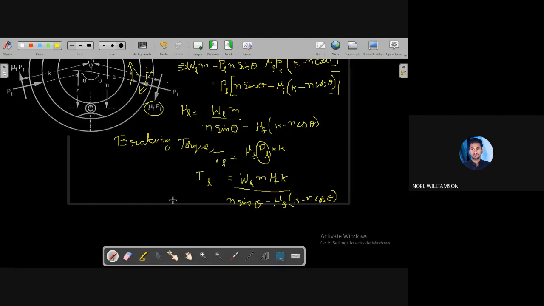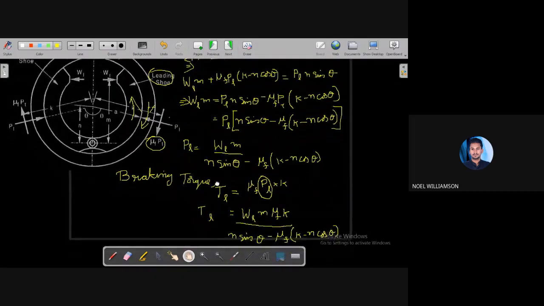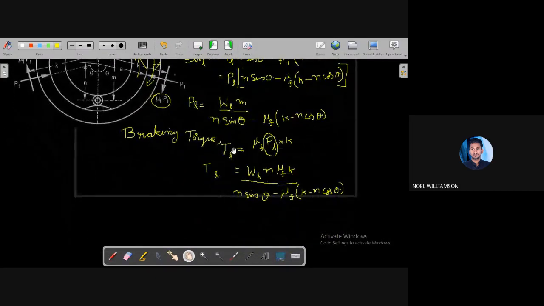Similarly, we can find the braking torque for the trailing shoe also. We can find it in a similar fashion.